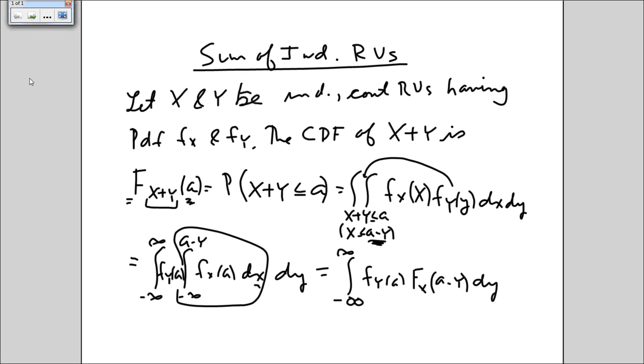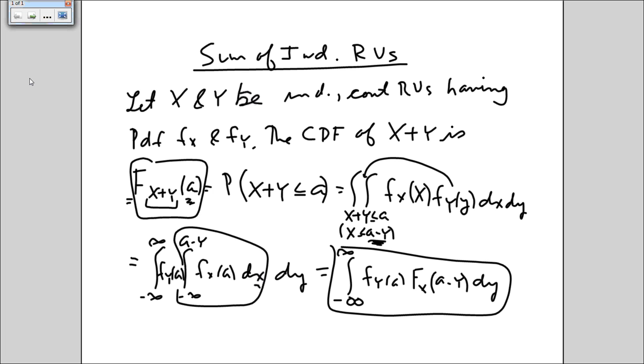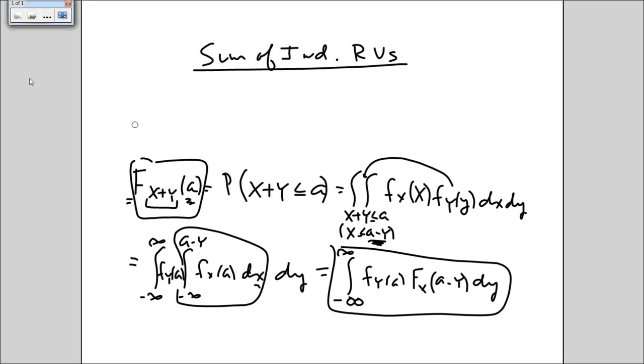Okay, so now on this last line, we're going to take the derivative of both sides. Remember, when I say the last line, I really mean that this equals this, and I'm going to take the derivative of both of those sides. Let's write down the statement that I just said.